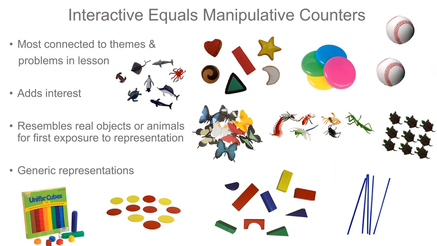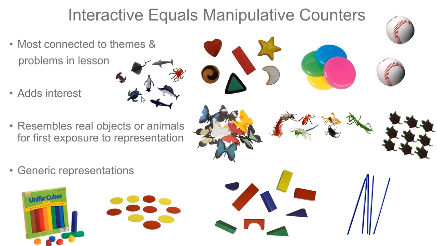But we also bring in generic representations pretty close to the beginning of Equals. These are introduced so that students get the idea that I can use this too, and we can pretend that this is something else, right? In order to solve that problem, we can pretend.